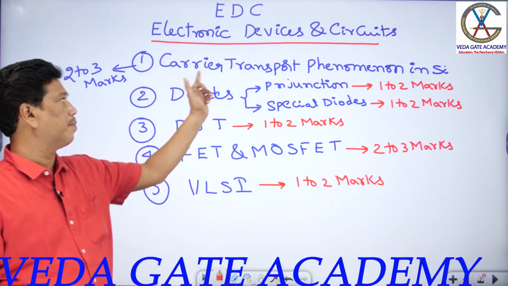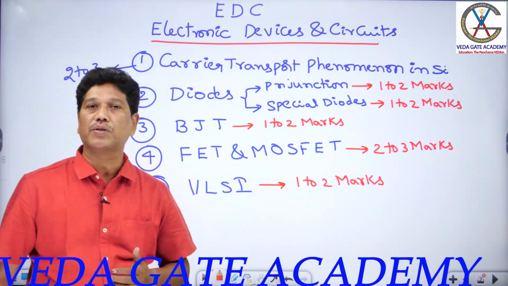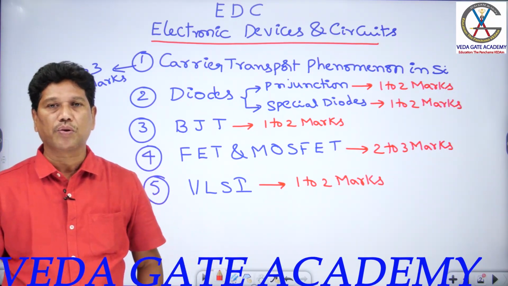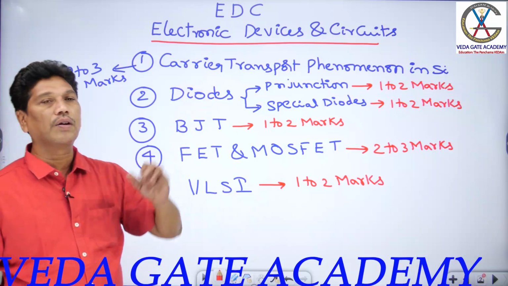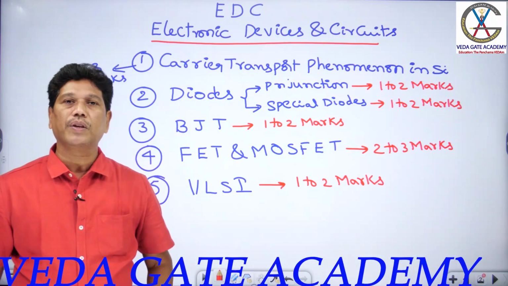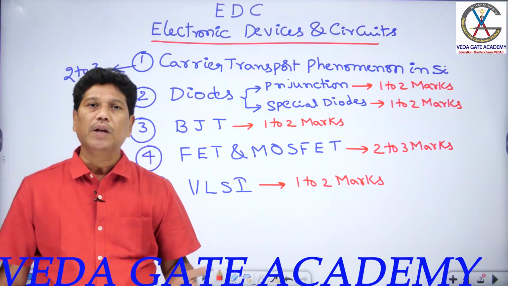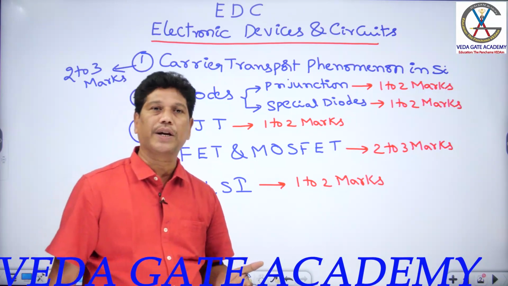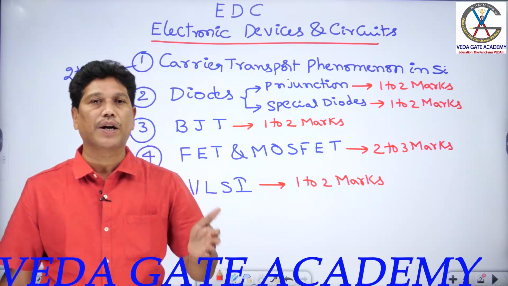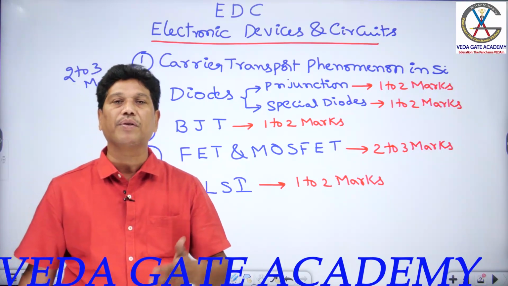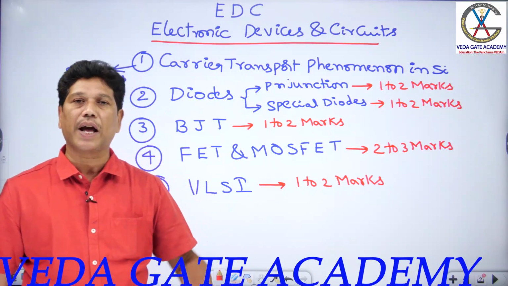What is the base here? The carrier transport phenomenon in silicon is commonly called semiconductor physics. In this chapter, you learn about atomic structure and the energy band diagram, and based on the energy band diagram you can examine what is a conductor, what is an insulator, what is a semiconductor. So you can classify conducting materials like conductors and semiconductors, as well as non-conducting insulators, with the help of the energy band diagram.